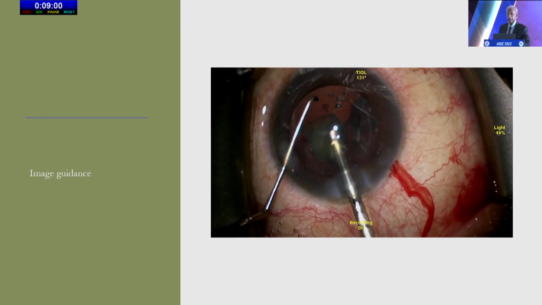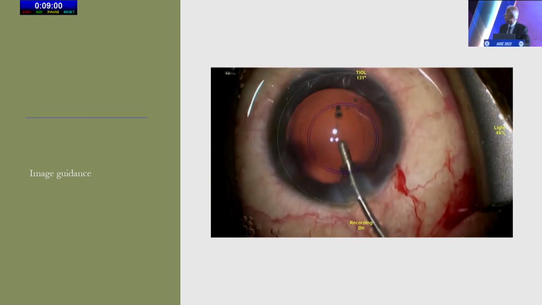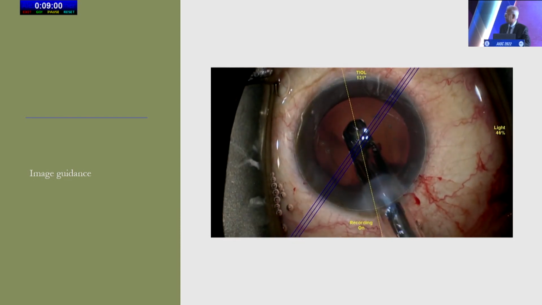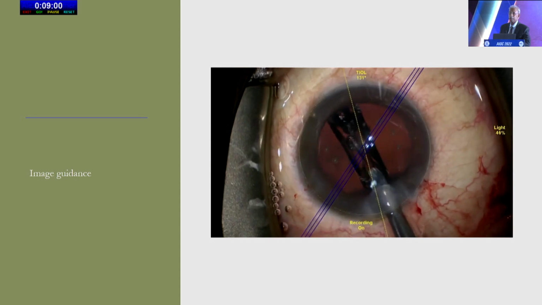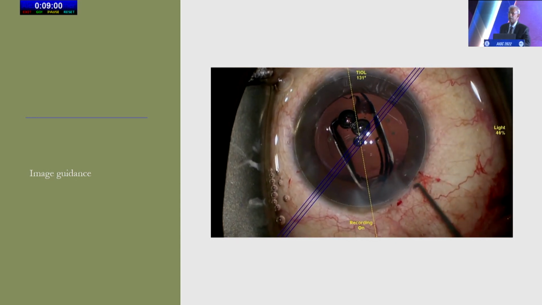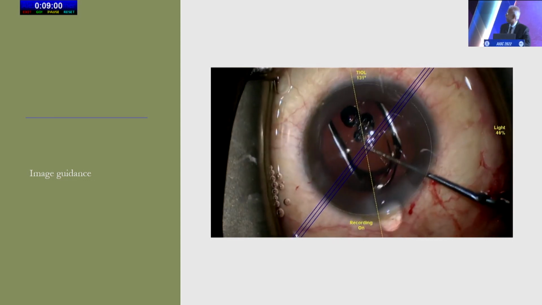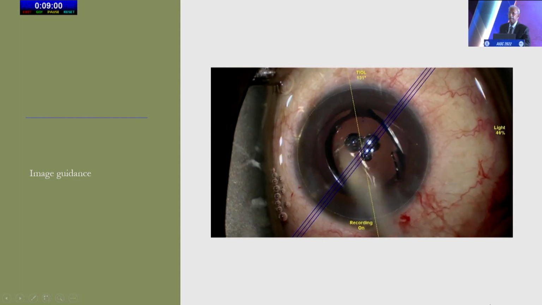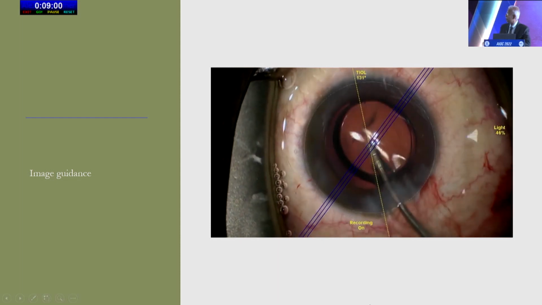If you're using a toric lens, you get the marker that tells you the axis on which to place the toric lens. This data comes off from the keratometer of the optical biometer and is projected internally for the surgeon to see during the surgery, and of course comes on the video too.